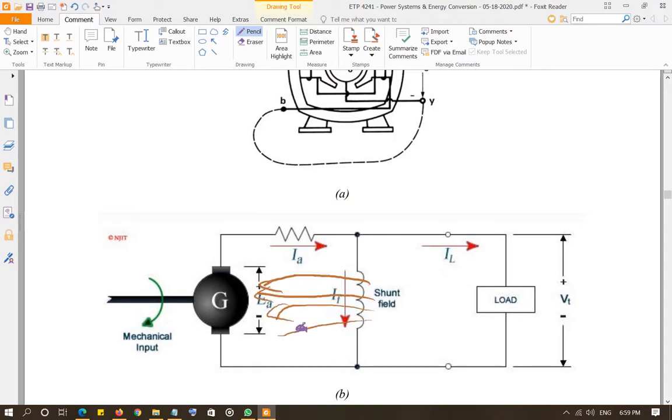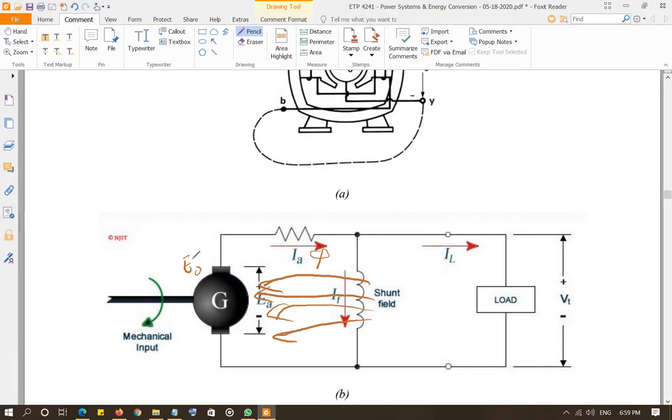Now this little bit of flux interacts with the armature that is moving, and according to Faraday's law of electromagnetic induction, whenever there is a change in the flux, voltage will be induced. So voltage is induced, and that voltage is not very high, because remember, the flux is weak.